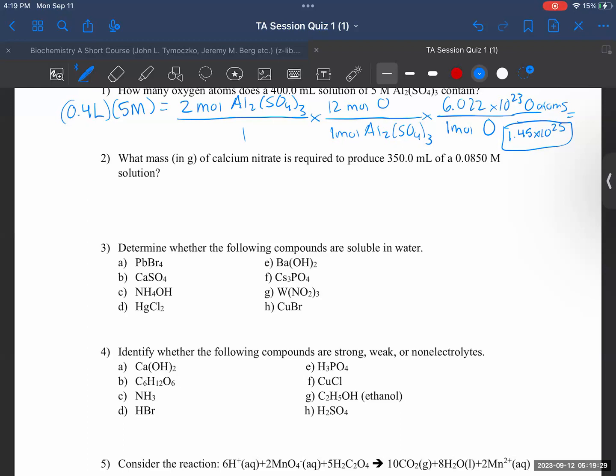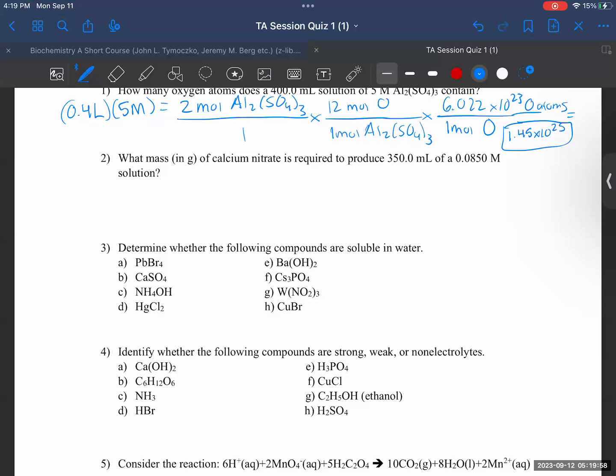What mass in grams of calcium nitrate is required to produce 350 milliliters of 0.085 molar solution? This is kind of like the first problem. For the most part, we do the same steps. We need to get to grams, so we have to get to moles at some point.